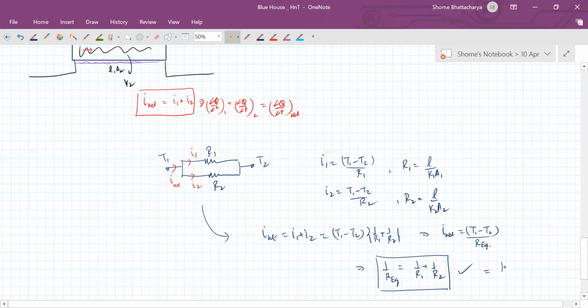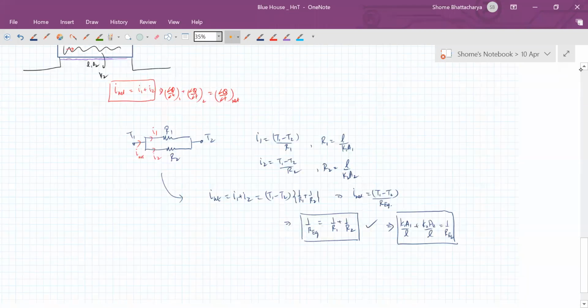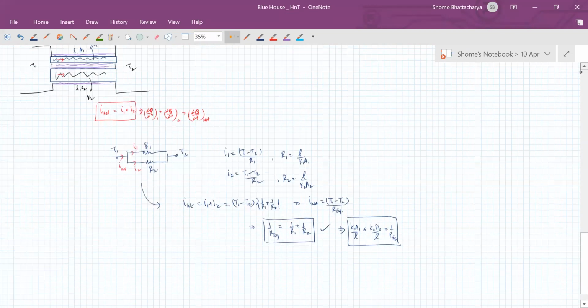In this case, it becomes K1 A1 divided by L plus K2 A2 divided by L. That is 1 upon R equivalent. Okay, so we make a note of this also. These are the two individual types of combination of resistors.